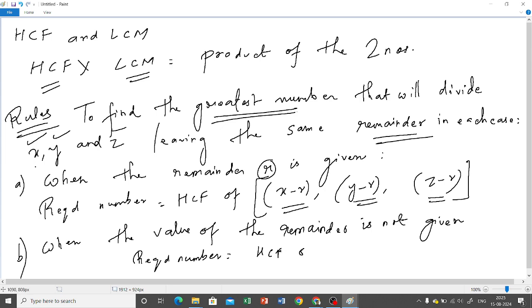HCF of mod of x minus y, mod of y minus z, mod of z minus x.